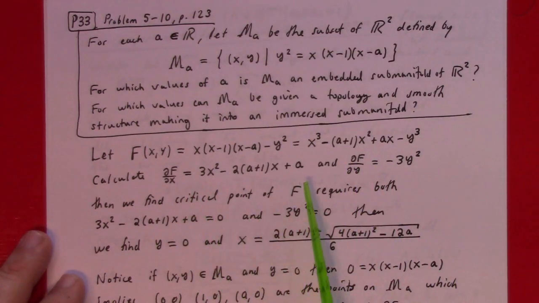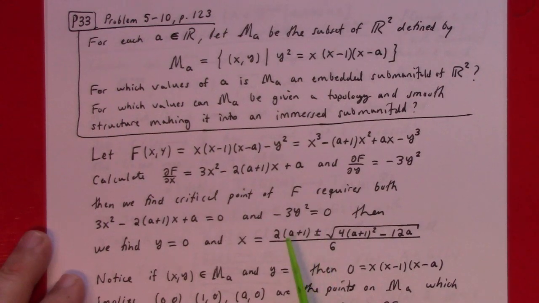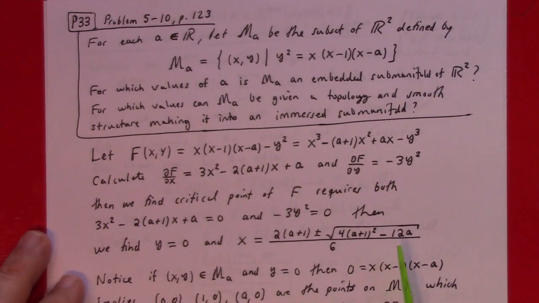I calculate the derivatives. So in order to have a critical point, we need both that and that to be 0. So in particular, we need y equal to 0 at critical points. So that means that y is equal to 0 and x must be a solution to this quadratic equation.